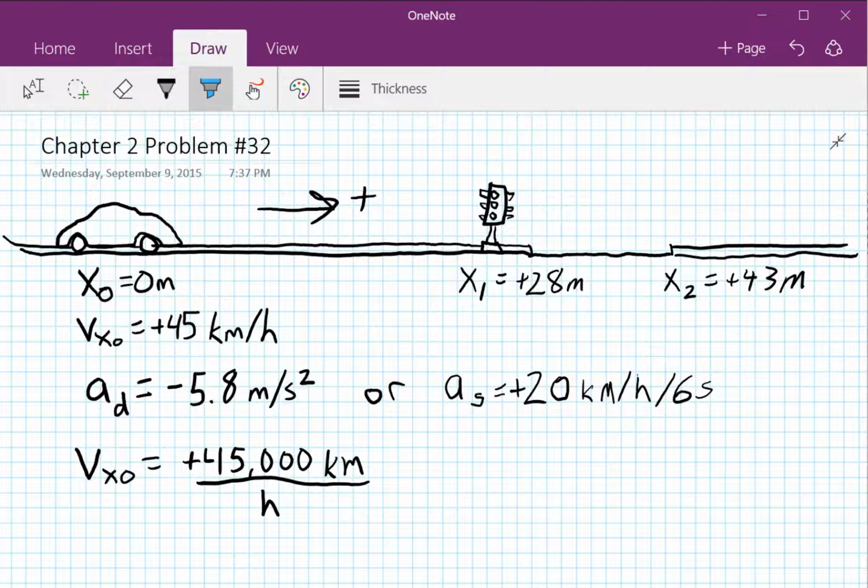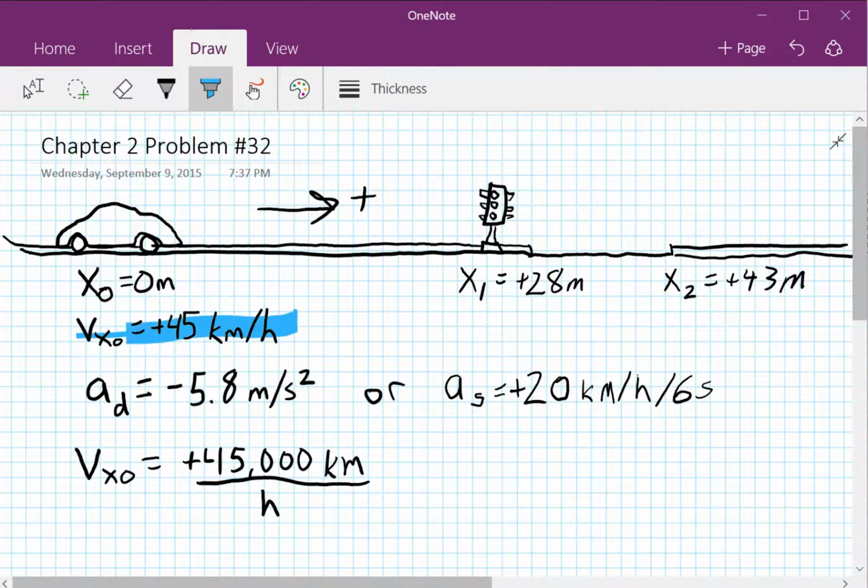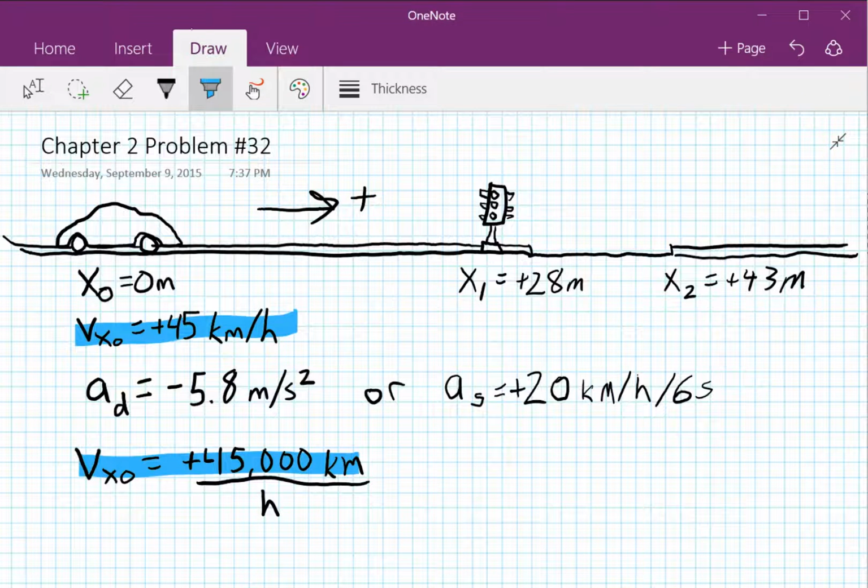And just to help you guys follow along, let me make that a little thicker. There you go. This is being done here to be able to get the correct units.